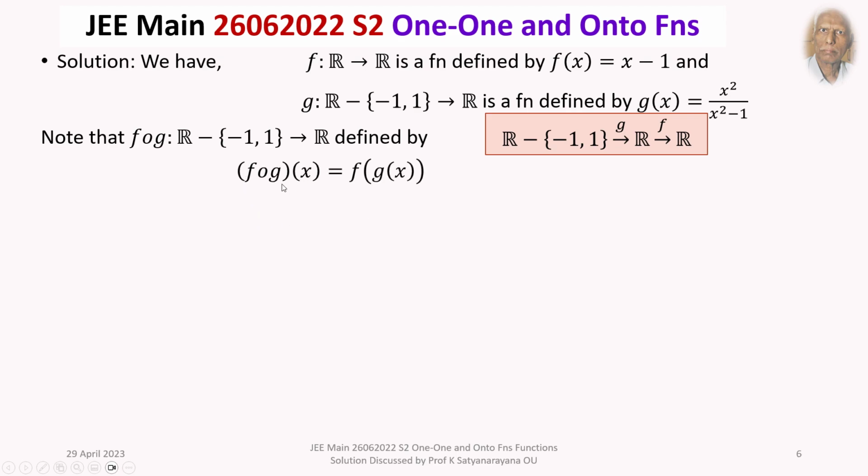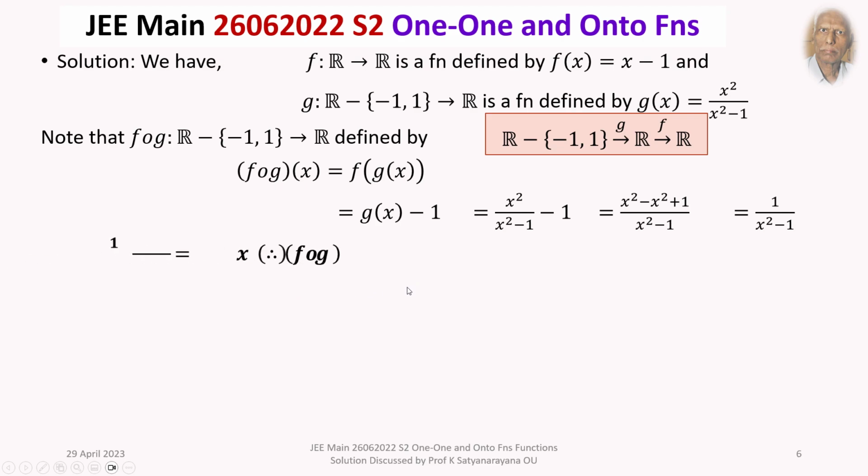f compose g of x is equal to f of g of x, and f of x is x minus 1, so f of g of x will be g of x minus 1. So g of x is x square by x square minus 1, and there is another minus 1. Take the LCM and simplify, and you will get 1 by x square minus 1.